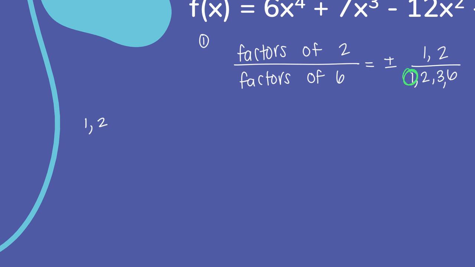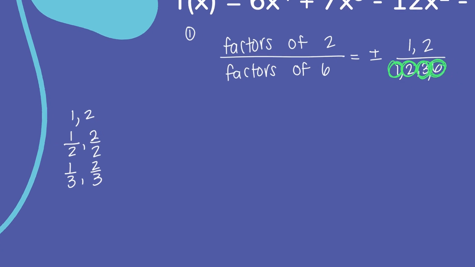Let's go ahead and do my 2s. Okay, I'm going to have 1 over 2, 2 over 2. Now doing my 3s, I'm going to have 1 over 3, 2 over 3, and then lastly my 6. I'm going to have 1 over 6 and 2 over 6.